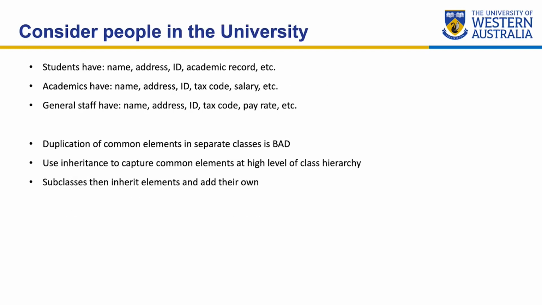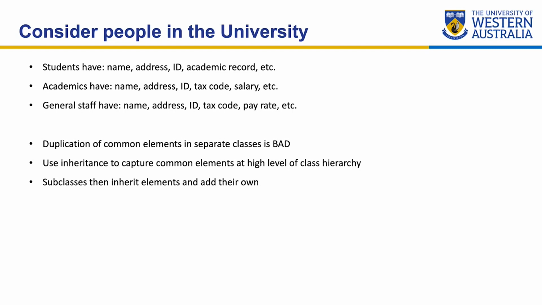So let's have a look at a use case. Okay, let's consider people in the university. Students have name, address, ID, academic record, etc. Academic staff have name, address, ID, tax code, salary, etc. General staff have all of those, right? So there are a lot of duplications like name, address, ID.